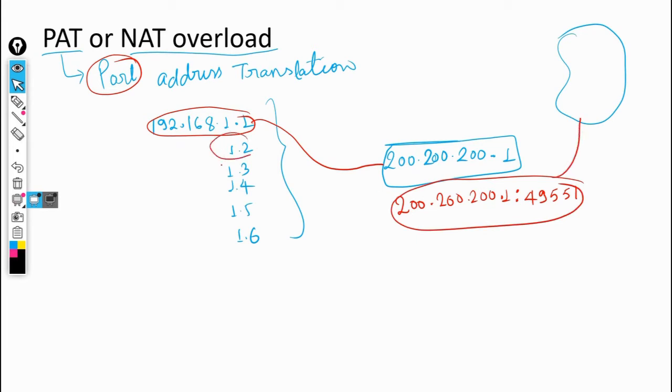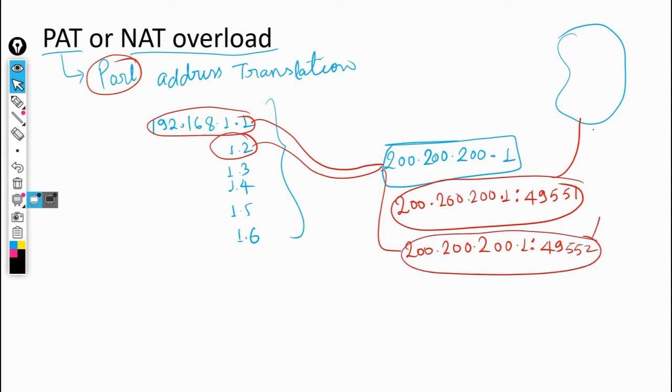If this person is going to use the internet, they go to this again. Another port number is put for the same IP address, 200.200.200.1, say 552, and it goes to the internet. If this guy is going to use the internet, again it goes to this IP address and is given one more port.